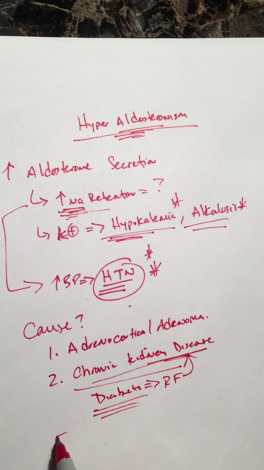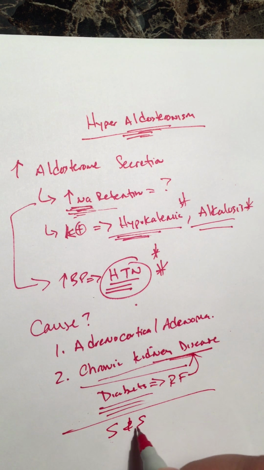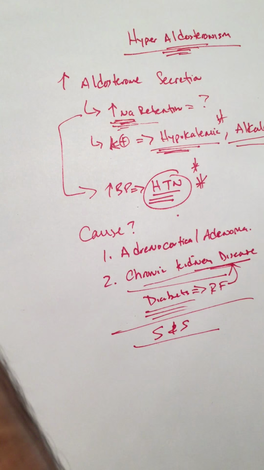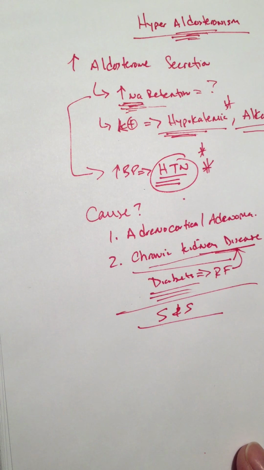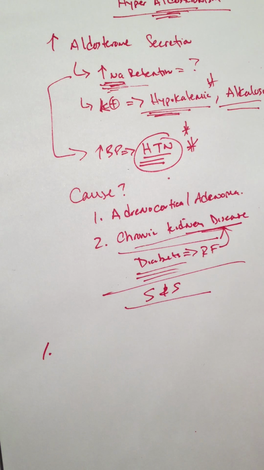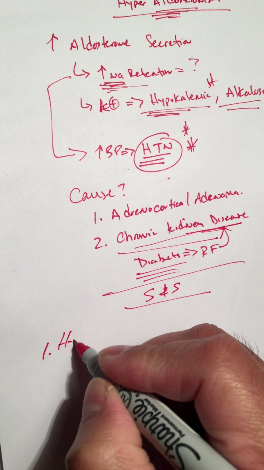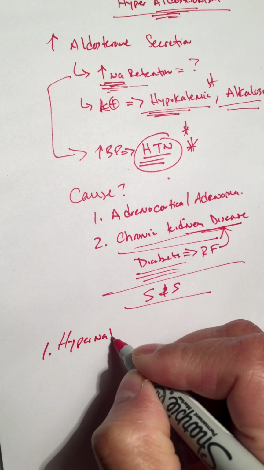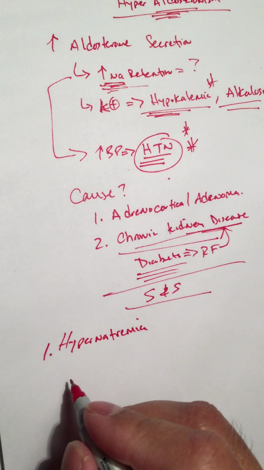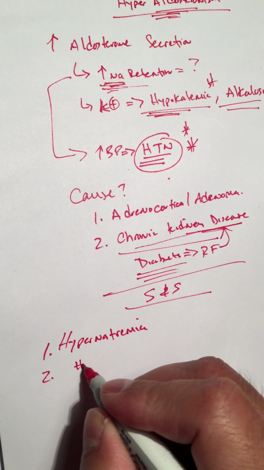So now let's focus on some signs and symptoms or clinical manifestations that these patients will show. Number one, we kind of already briefly mentioned it, is hypernatremia. Number two, hypertension.